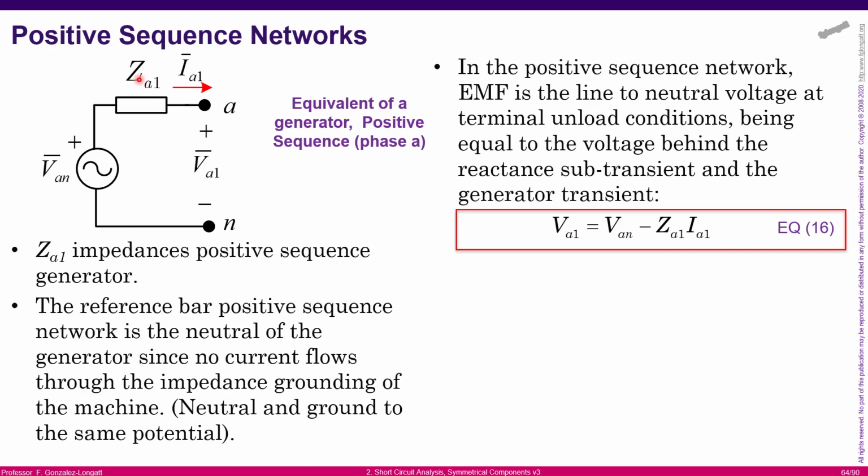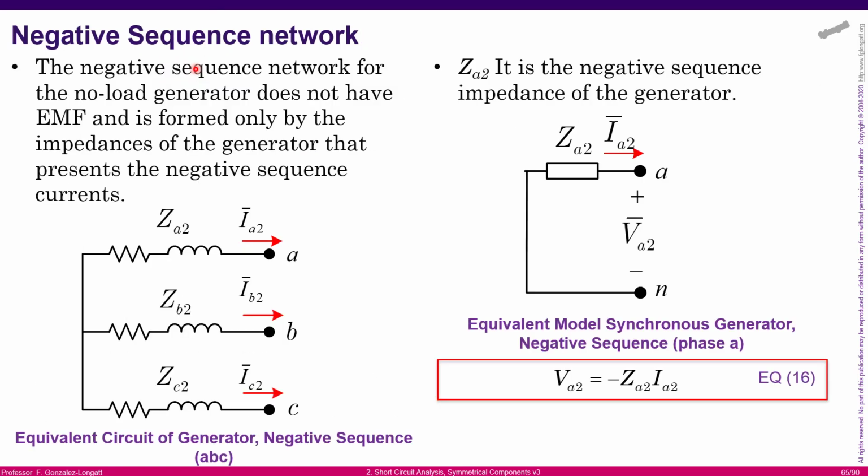You must realize that this model is for positive sequence, and as a consequence, this is a line to neutral or single phase equivalent model. Equation 16 here allows you to identify the relationship between the internal voltage and the terminal voltage on positive sequence, based on the positive sequence impedance and the positive sequence current, okay?